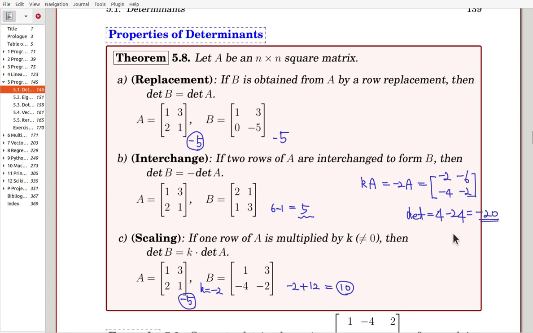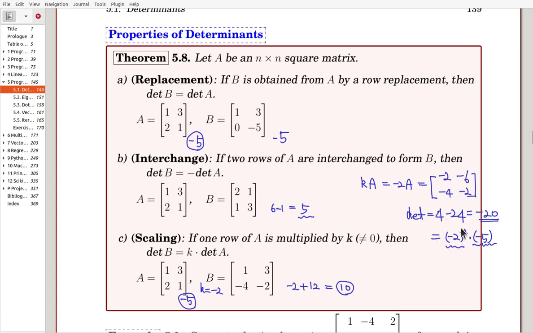Okay, this value can be interpreted in this way. That is, here -2 squared times -5. That is the determinant of A, the original matrix, times -2 squared.